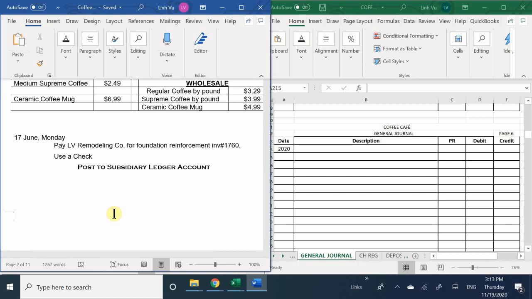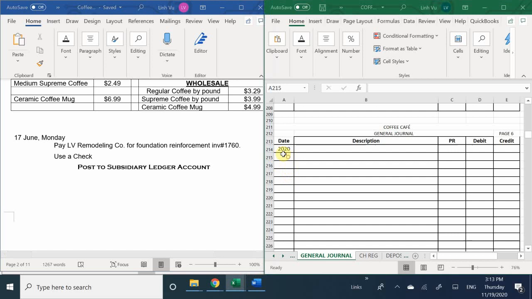Okay, so we're going to pay LV Remodeling. Going to the journal. Okay, and that will be accounts payable, which is the 20,000 account number.